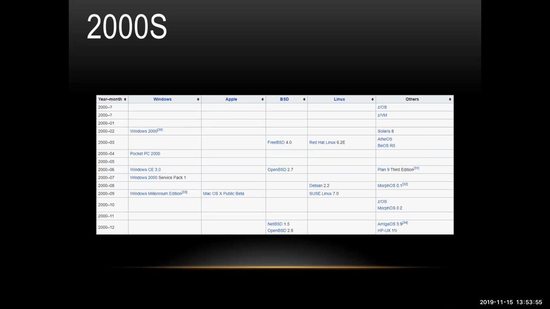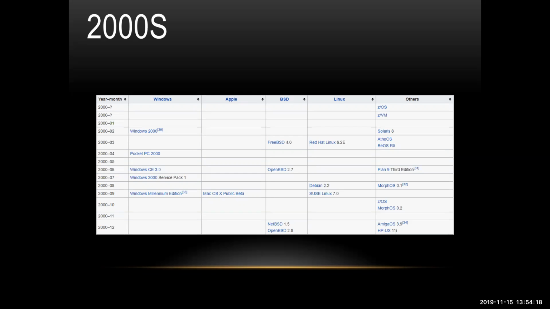And then April 2000, we had Pocket PC 2000, originally codenamed Rapier. It was based on Windows CE 3.0. And then June 2000, we had Windows CE 3.0, OpenBSD 2.7, Plan 9 3rd edition.